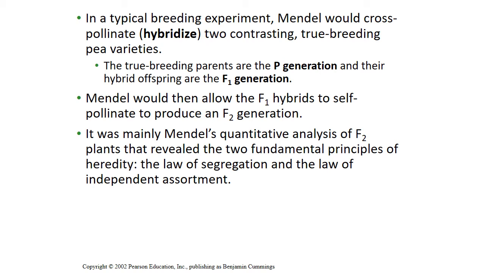And then he would crossbreed them and get the F1 or filial 1 generation, which would be hybrids. And then he allowed those hybrids to self-pollinate and get the F2 generation. And due to the quantitative analysis of those F2 generations, we got 2 laws, the law of segregation and the law of independent assortment.